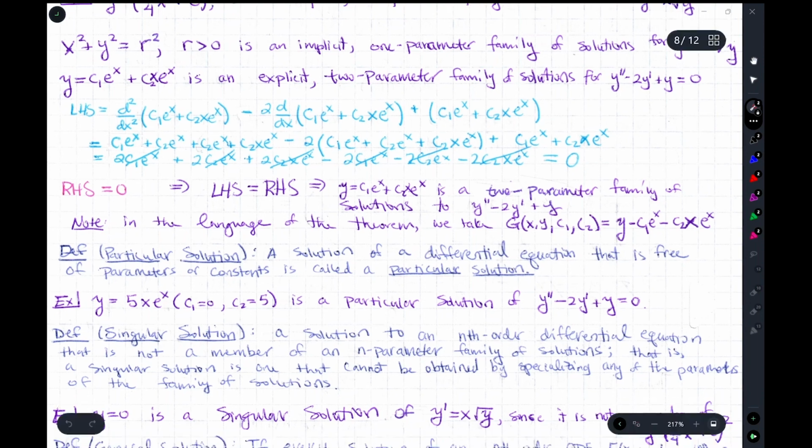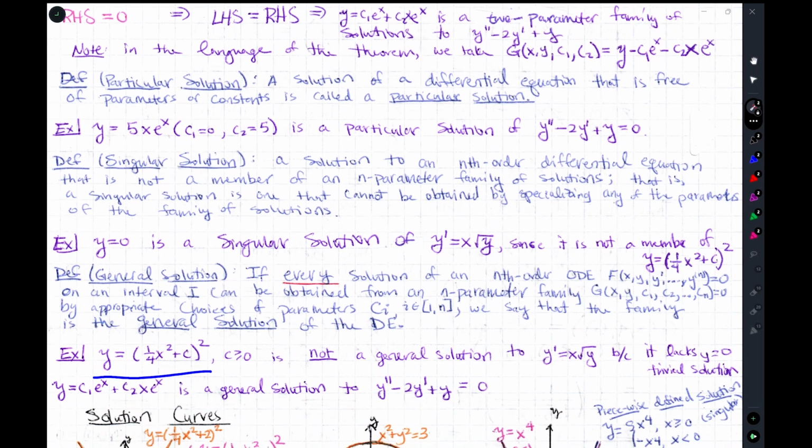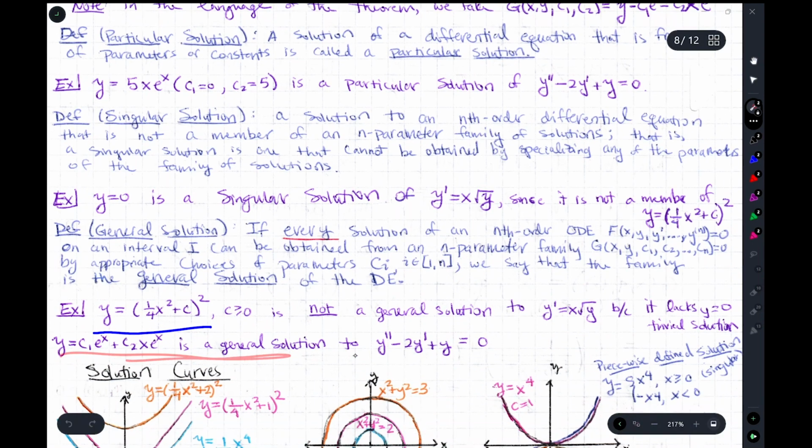Okay? It turns out that this is indeed the general solution. Every single solution to this second order differential equation can be obtained by fixing C1 and C2. We saw one of them here, but as long as it's a solution to this differential equation, you could choose appropriate C1 or C2 to get that solution.